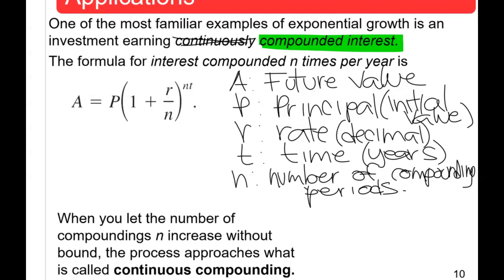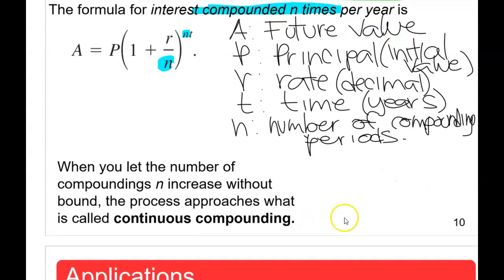Okay, so we do have places where we need N here and here, which is the number of compounded periods. So right there. Okay.